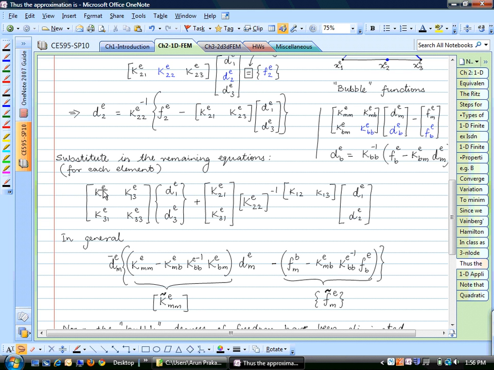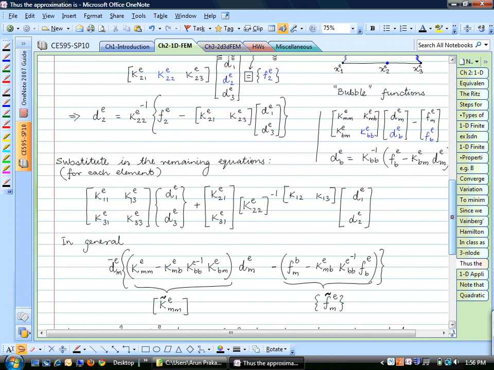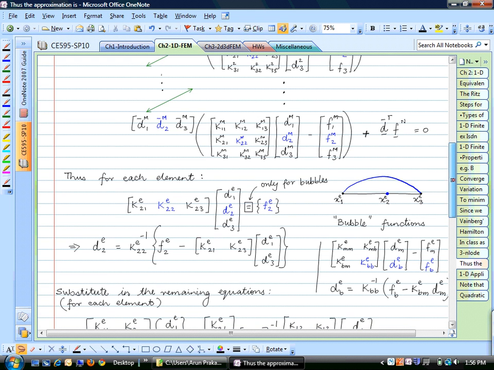So what I'm going to do is just substitute DE2 into my original equations. So for example, here, if I eliminate the second row and the second column, what I will be left with is this 2 cross 2 submatrix, right?